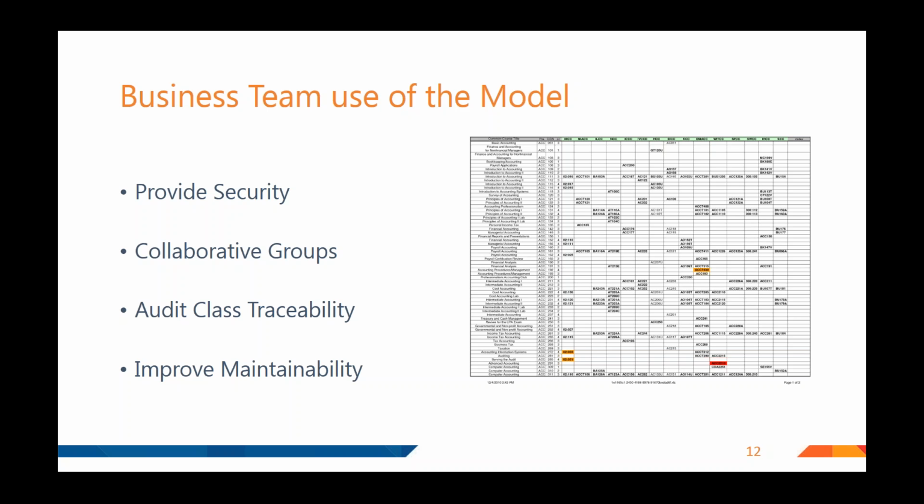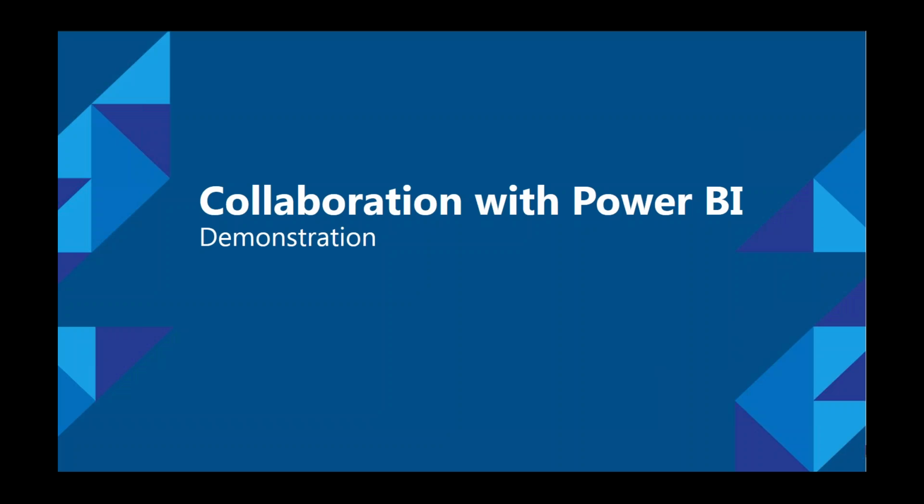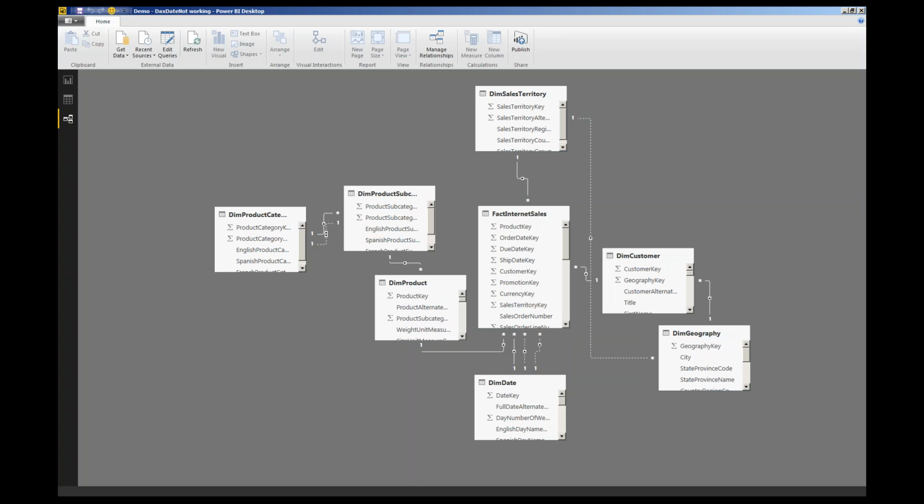And it needs to be maintained so that over time that people can use it and be confident that it is complete and correct. One of the tools that I recommend for doing this kind of collaboration is Power BI, and the reason why is it provides this information in a secure environment.